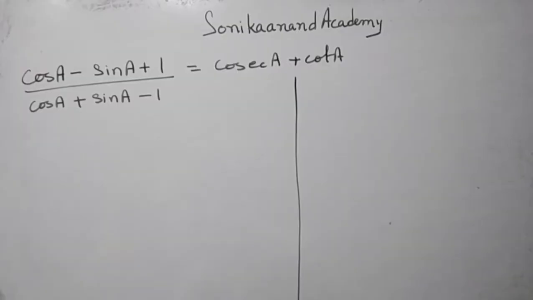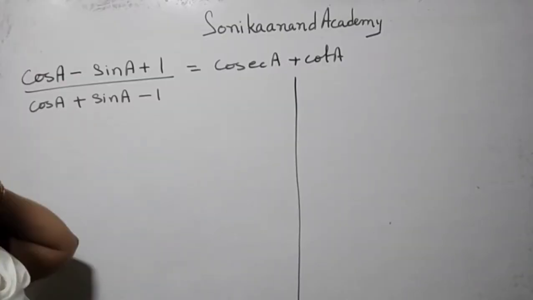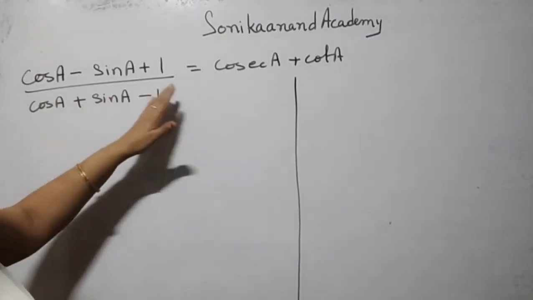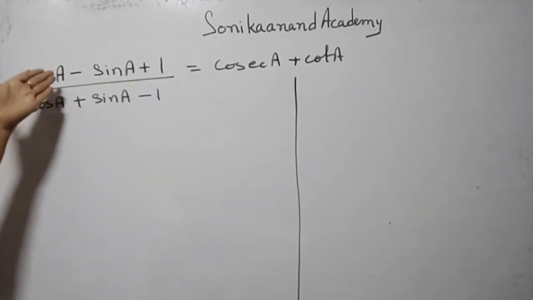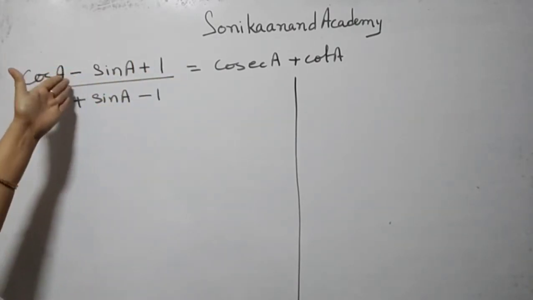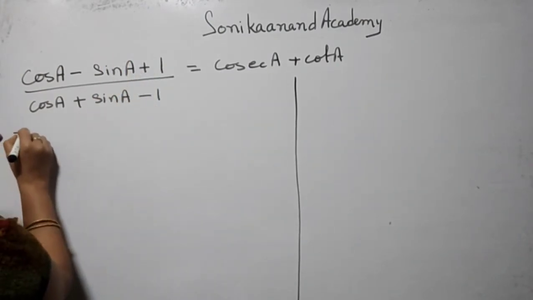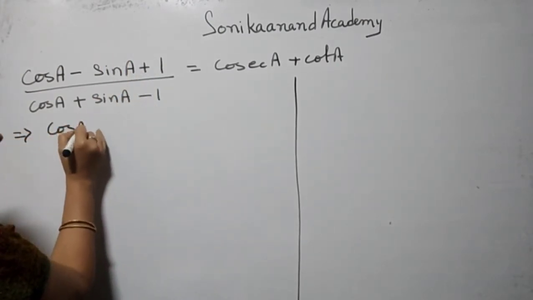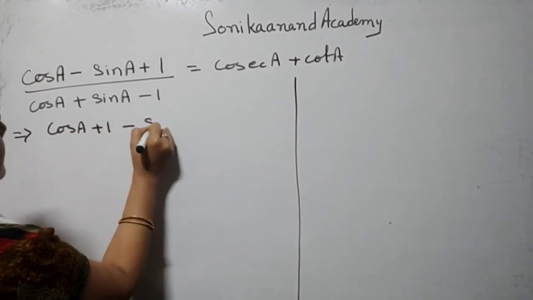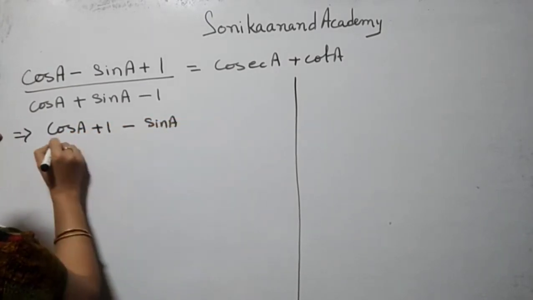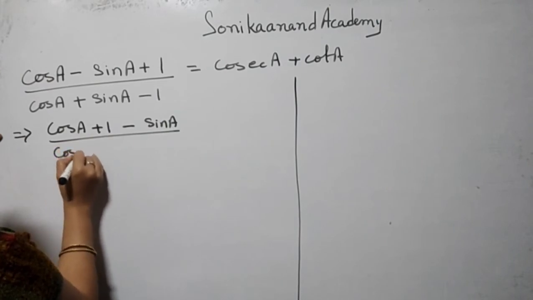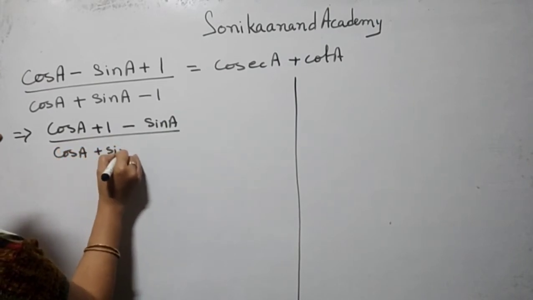Okay. Now observe this question. Here we have 3 terms. Here in between this is minus, but here it is plus. So just arrange it. We get cos a plus 1 minus sin a, and here we get cos a plus sin a minus 1.